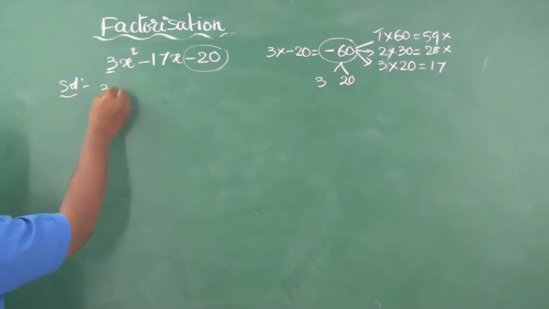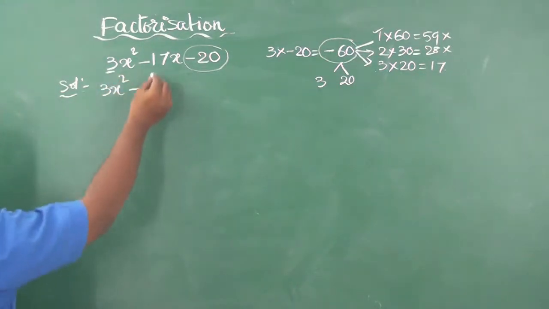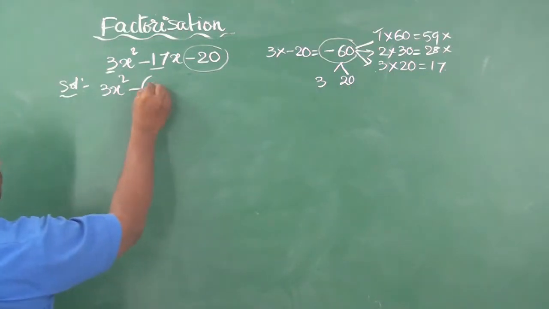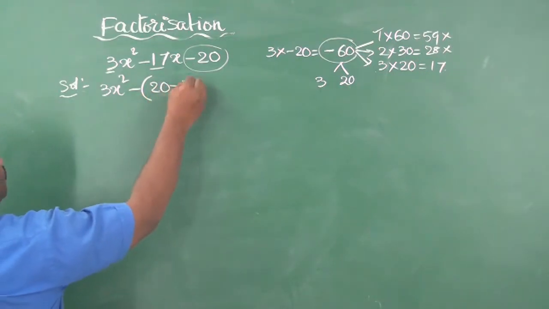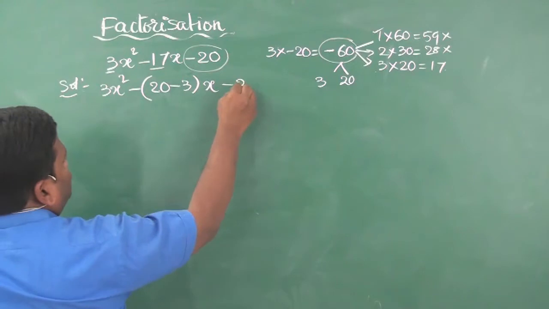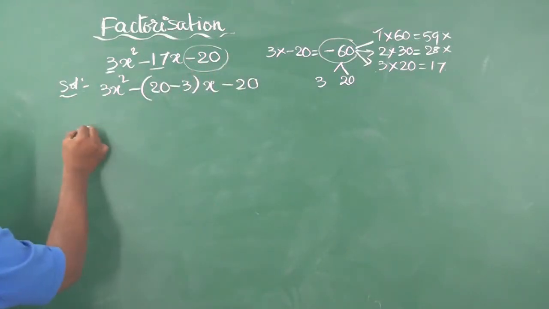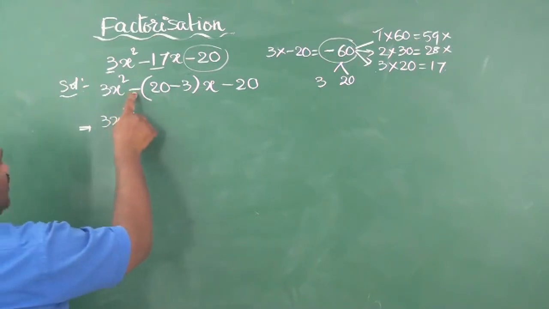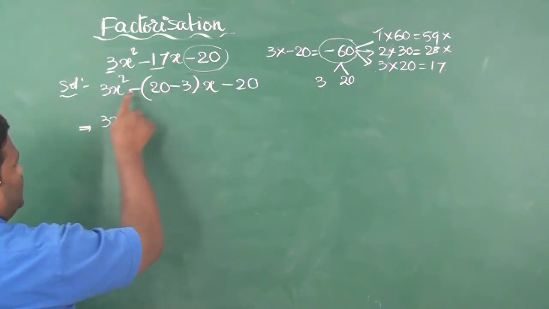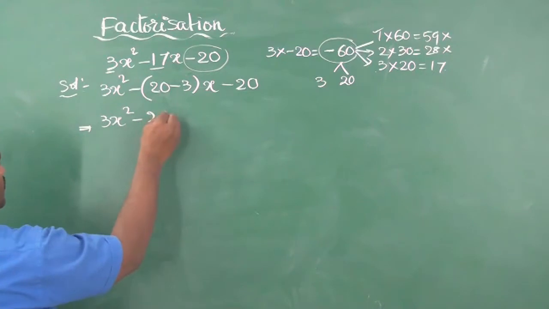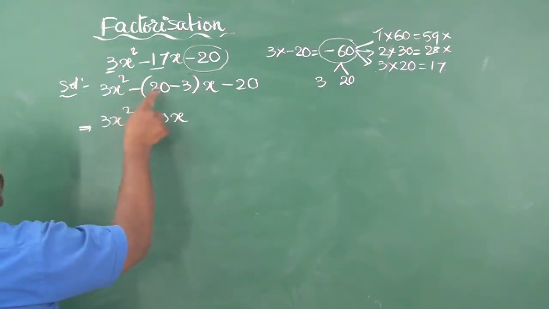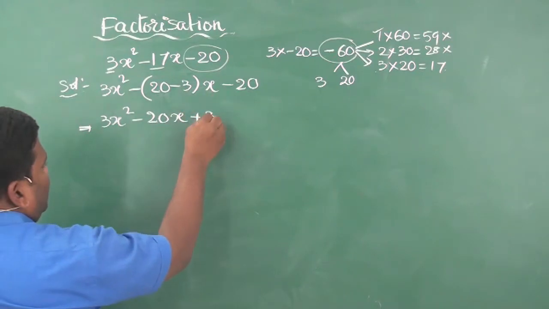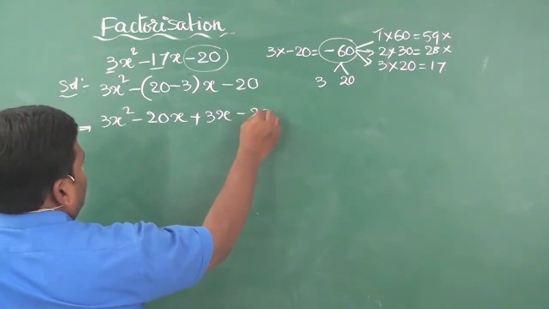Now 3x square minus, in place of this 17 take 20 minus 3, of x minus 20. 3x square minus, multiply these two terms with x, minus 20x, minus of minus plus into 3x, 3x minus 20.